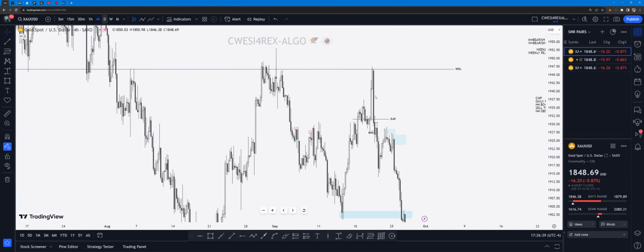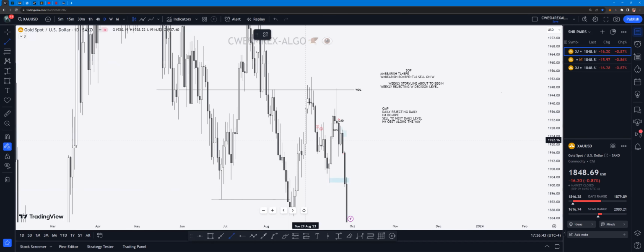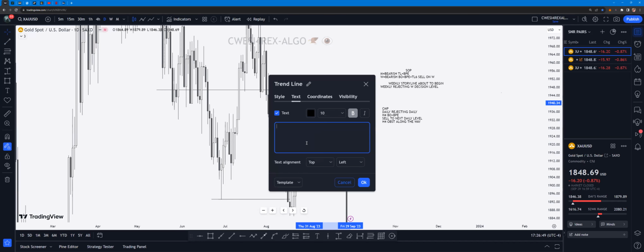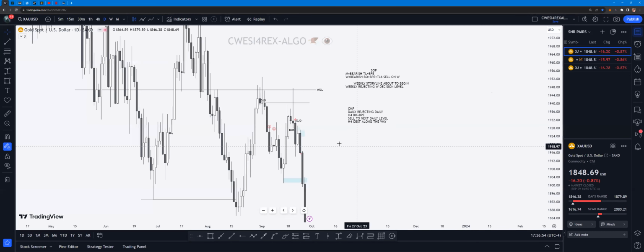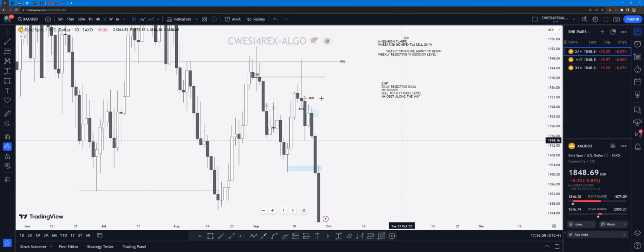Let's move back to the daily. On the daily, we have daily rejecting daily, so we can use this one. Now we need a breakout. It can be either on this same daily time frame or on the 4 hour time frame.